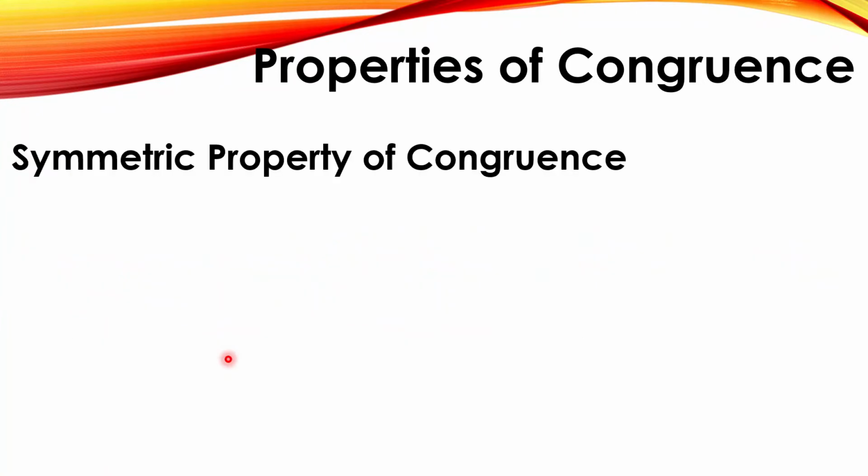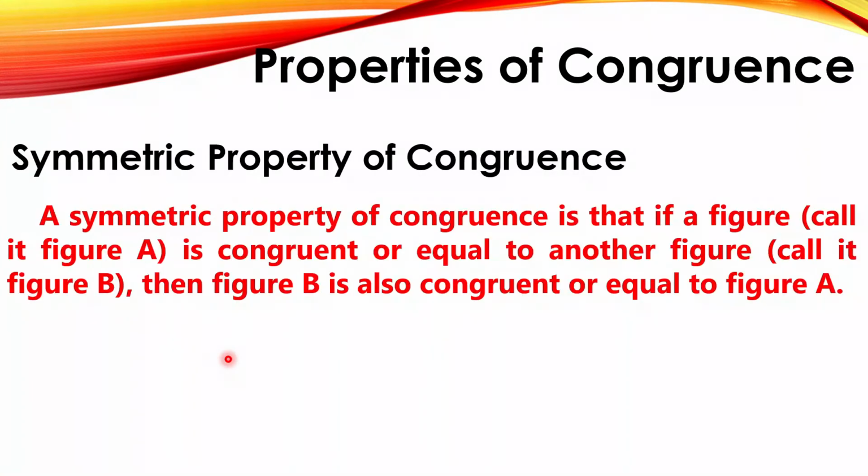Next, we have the symmetric property of congruence. The symmetric property is that if a figure, call it figure A, is congruent or equal to another figure, call it figure B, then figure B is also congruent or equal to figure A. For example, if segment AB is congruent to segment CD, then segment CD is congruent to segment AB.